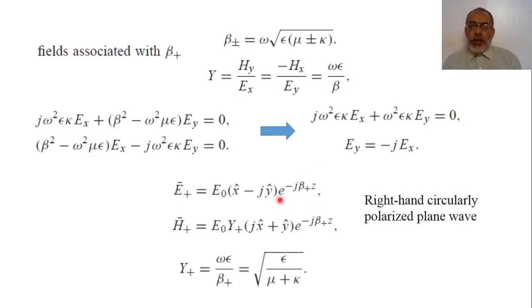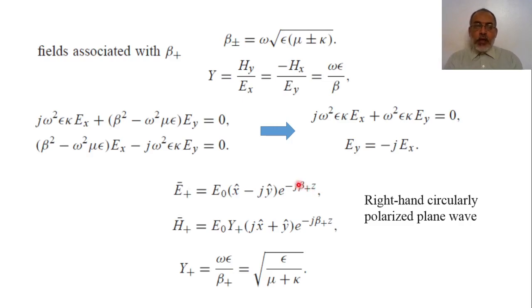So the dependence on Z would be e to the power minus j beta plus Z. Effectively, this equation represents a right-hand circular polarized wave. This means that the mode that propagates with beta plus inside the ferrite medium is a right-hand circular polarization.